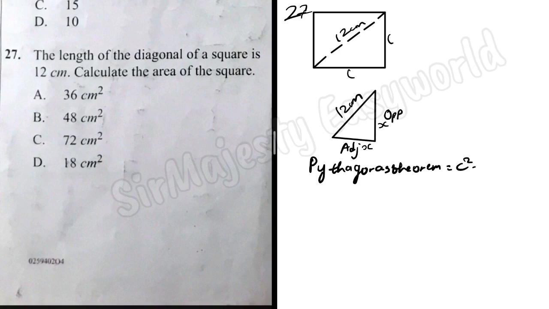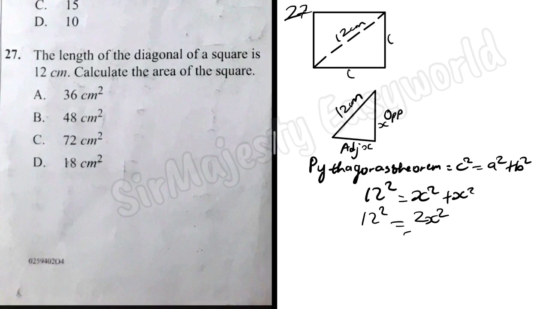That's c square is equal to a square plus b square. C square is the hypotenuse. A square and b square are the adjacent and opposite. So 12 square will be equal to x square plus x square, since they are the same. 12 square is equal to 2x square.